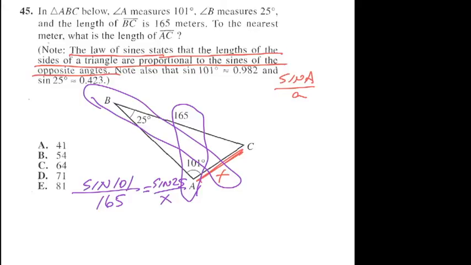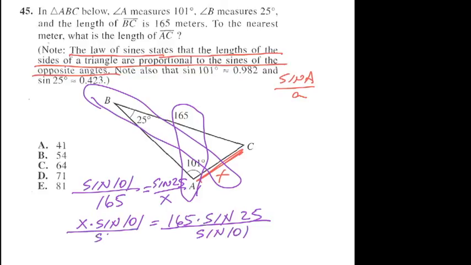Now we're going to cross multiply, and we get x times sine of 101 is equal to 165 times sine of 25. Now we want the x, so we're going to divide by the sine of 101 on this side.